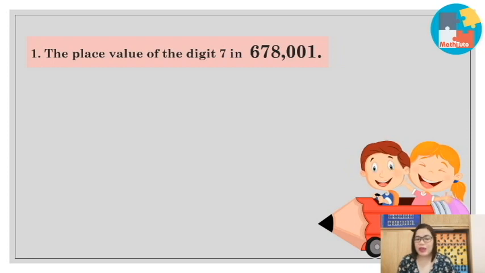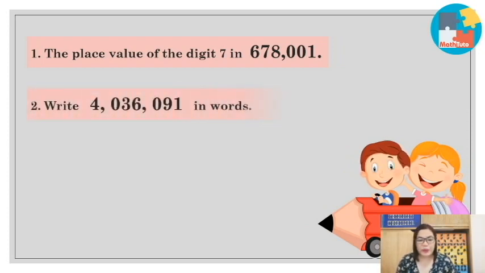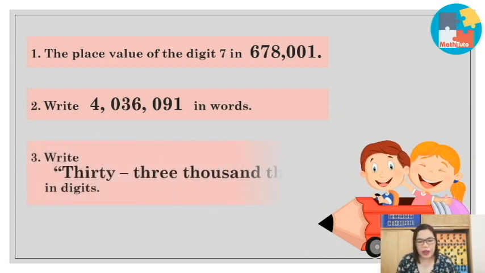So number 1, determine the place value of digit 7 in 678,001. Number 2, write 4,036,091 in words. It's okay, it's not too heavy. Number 3, write 33,003 in digits.